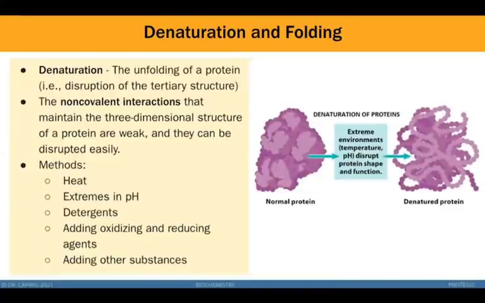We have several methods of denaturing proteins: heat, extremes in pH, detergents, adding oxidizing and reducing agents, and adding other substances. So in denaturation, what is important is that there is a disruption of the tertiary structure, because the weak interactions are disrupted.